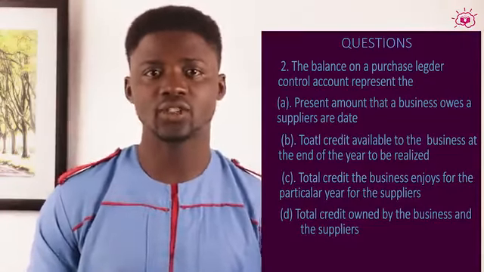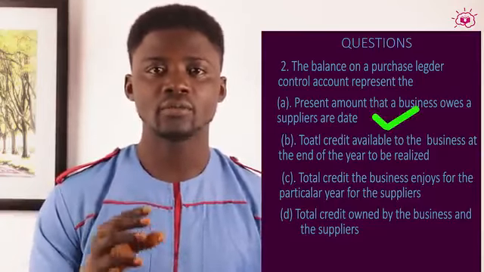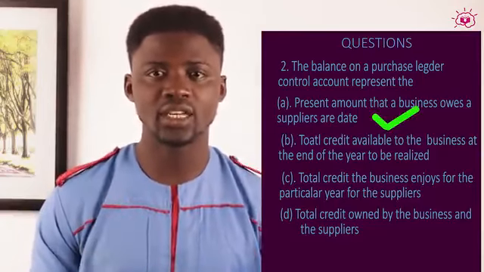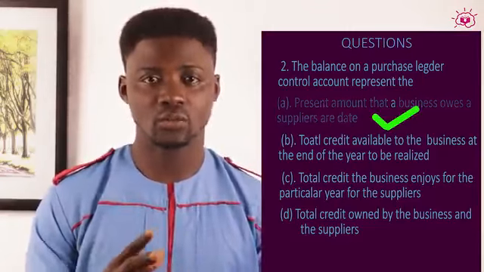The correct answer is option A, which is present amount that a business owes its suppliers at date.